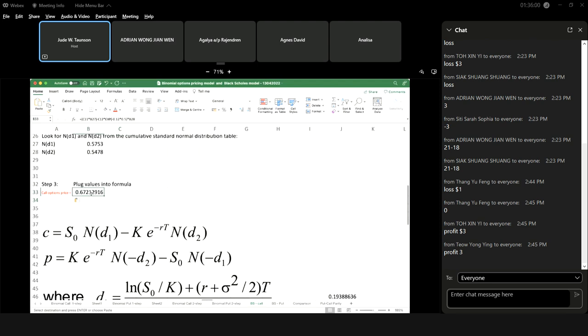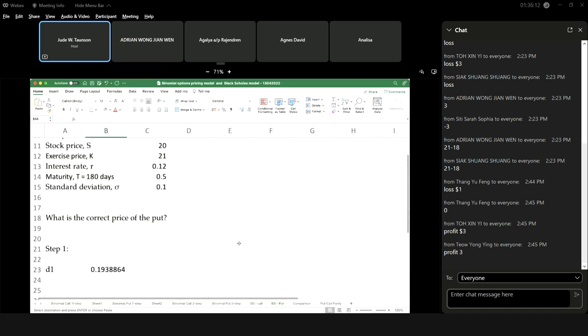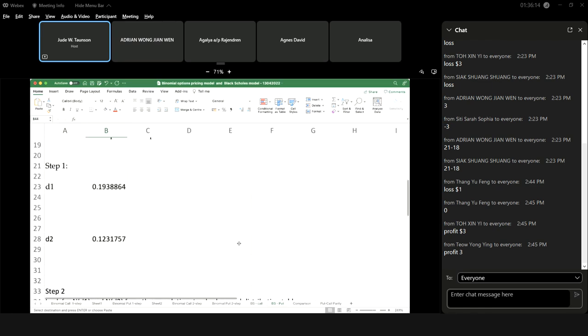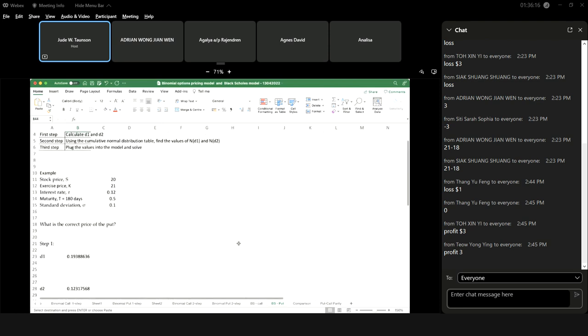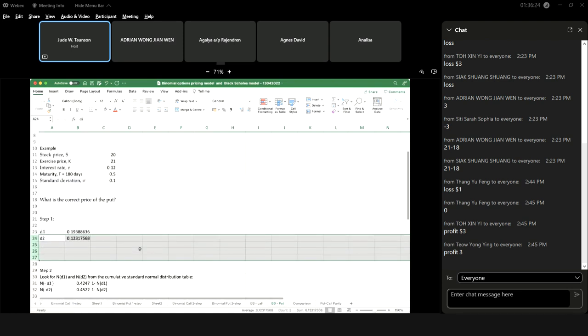Here, instead of using formula C, we use the put formula. Okay, we have done it here. Same problem, we get the same figure. Step 1, step 2, D1, D2, we have the same figure because we have the same option, right?